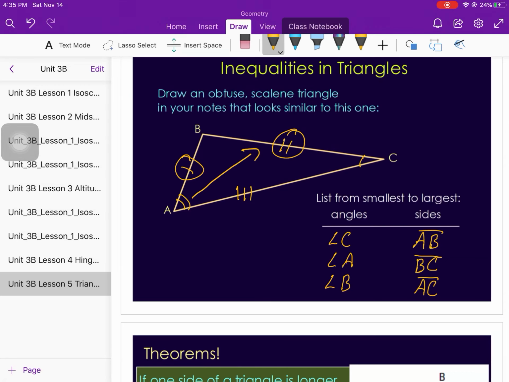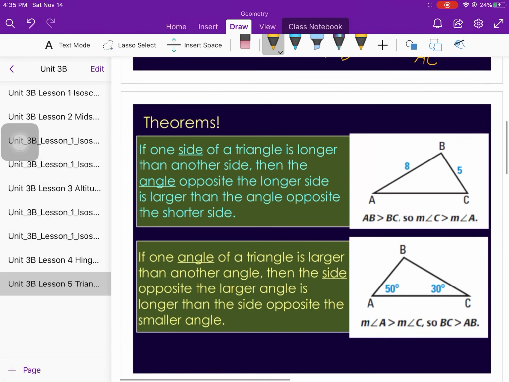And as you can probably guess for the third one, angle B was the largest angle, and it's across from the largest side. So it does have a correlation between the larger the angle, the larger the side, which is what we talked about in the hinge theorem.